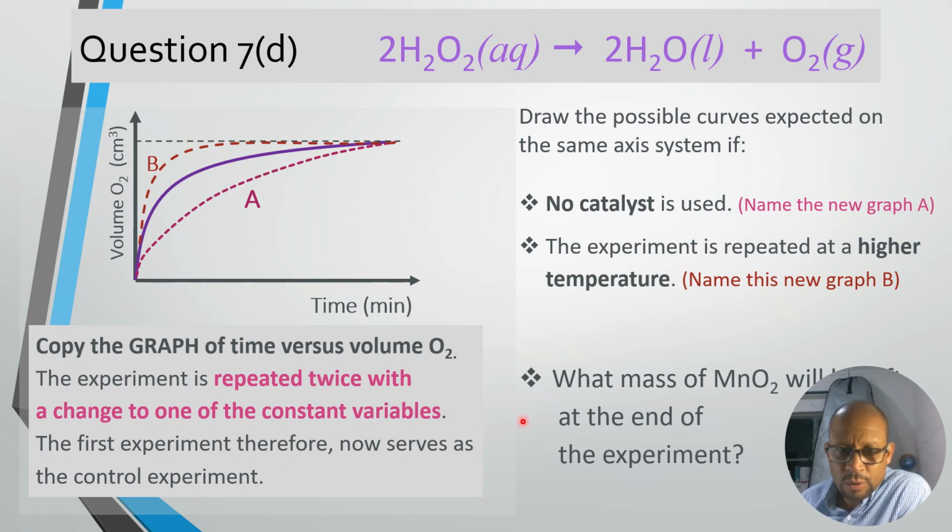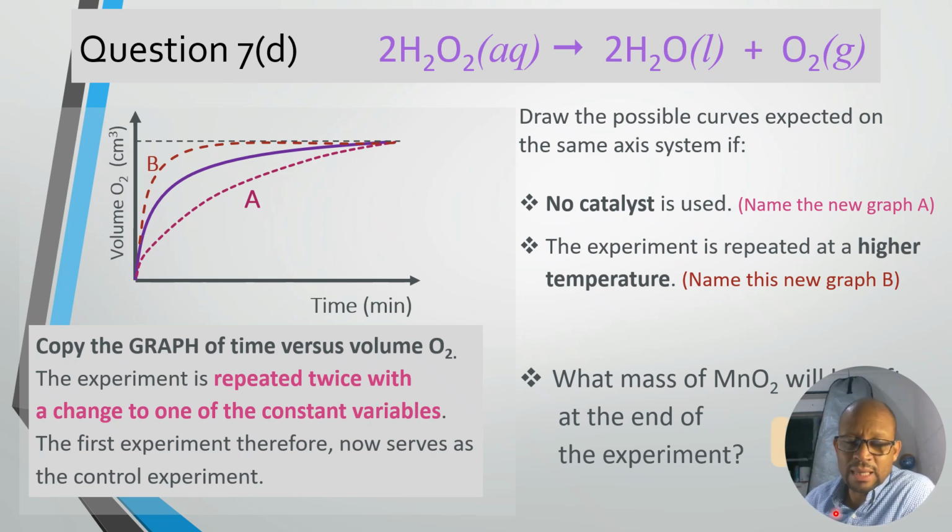The second part of the question: what mass of manganese dioxide will be left at the end of the experiment? Now remember, in the previous slides, we said 1 gram of manganese dioxide was added. We know that the catalyst will affect the rate of the reaction by speeding it up, but it will not be consumed in the reaction and become part of the products.